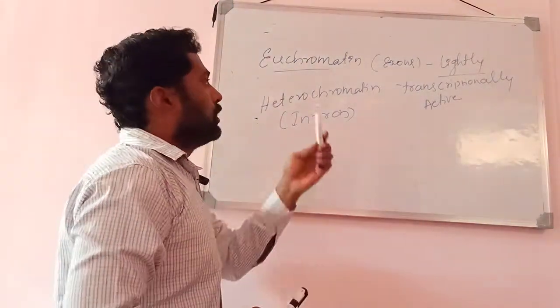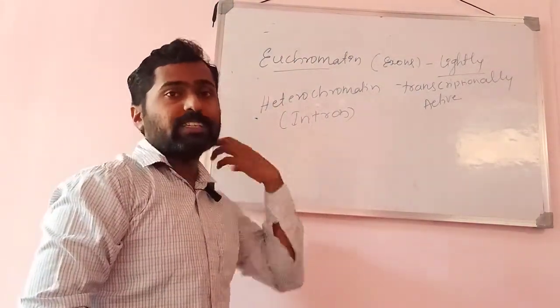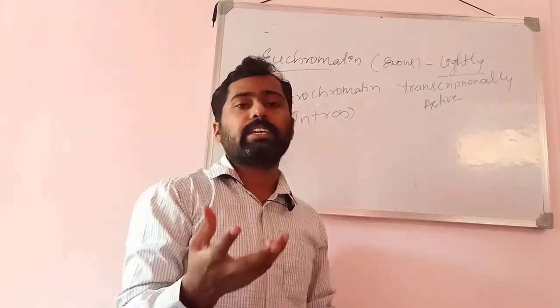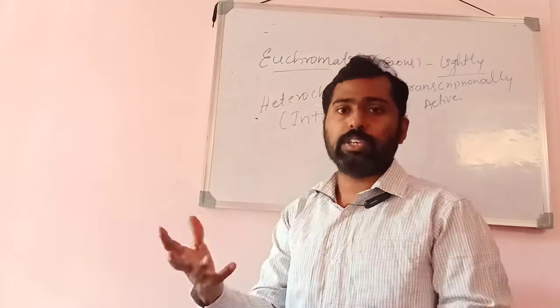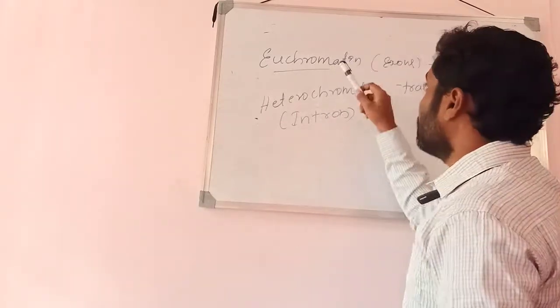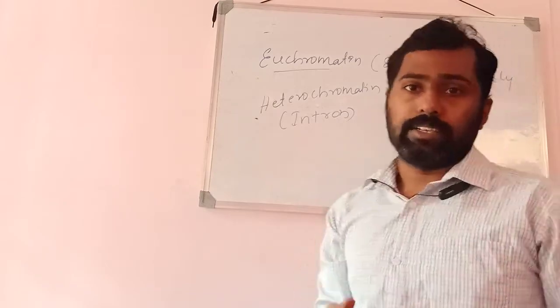Means, if you stain the chromatin with a basic dye, say acetocarmine or aceto-orcein, because DNA is a negatively charged molecule, we use basic dyes. Some regions on the chromatin take a light stain.